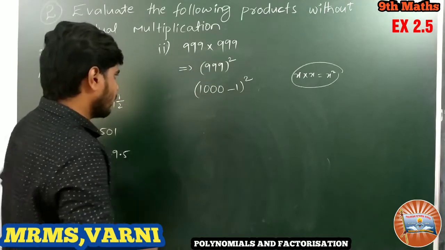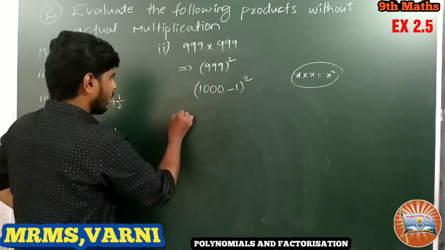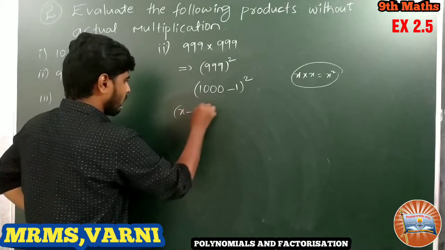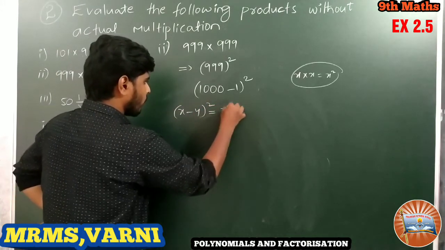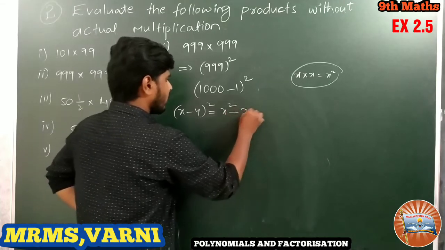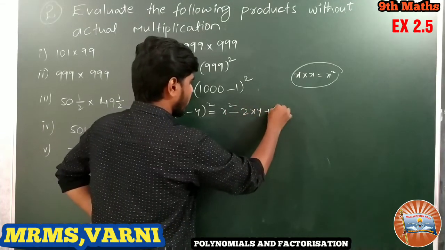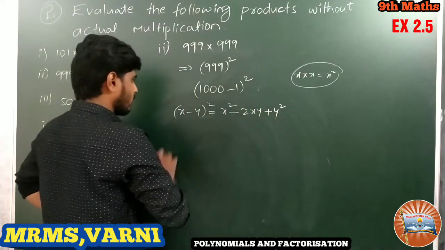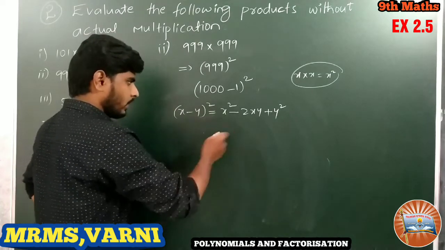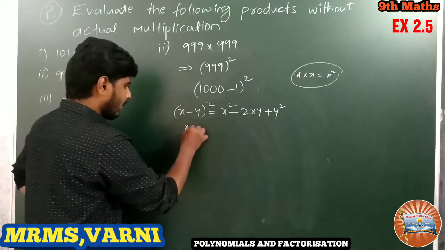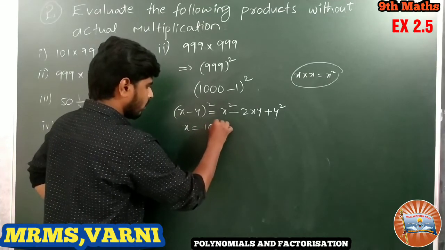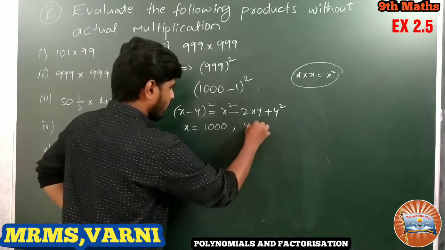So here we can use the identity x minus y whole square is equal to x square minus 2xy plus y square. This is the identity we have to use here. In place of x we have 1000, and y is equal to 1.